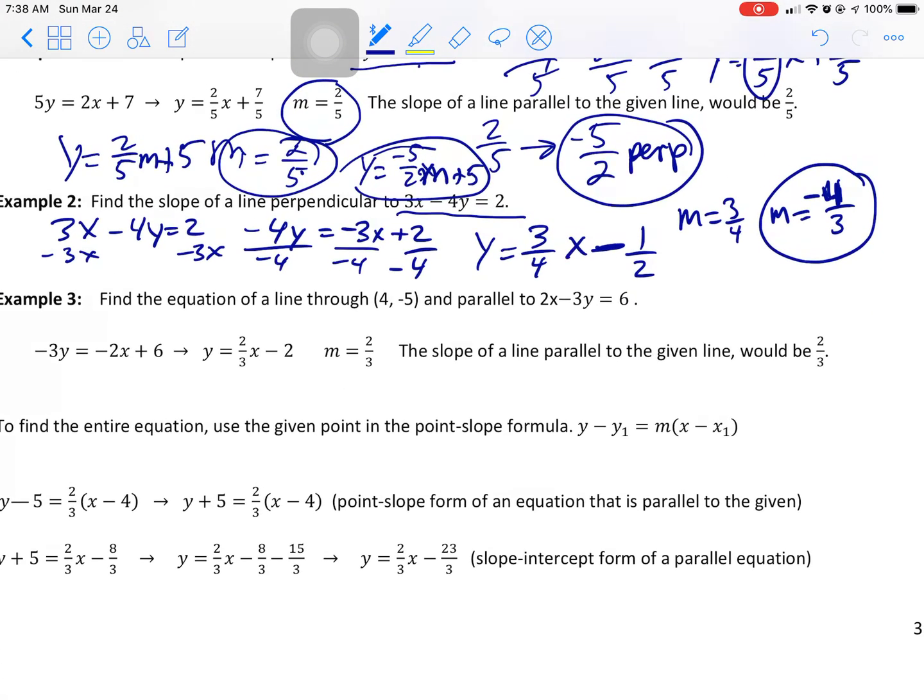Find the equation of a line that goes through this point and is parallel to this. All right. I can't tell what the slope is here. I need to find out. Negative 2x, negative 2x. That's going to be a negative 3y equals negative 2x plus 6 divided by negative 3. Y equals negative over negative is a positive. That's a negative 2.